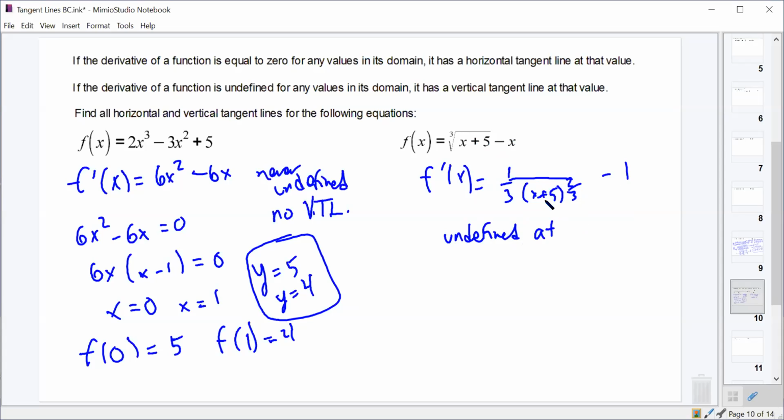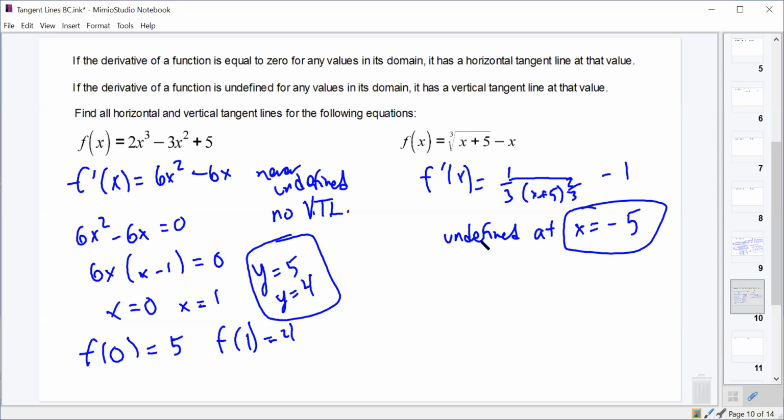When our denominator is equal to 0, right? Which would be at x equals what? Should be x equals -5. And so that will be the equation of our vertical tangent line.